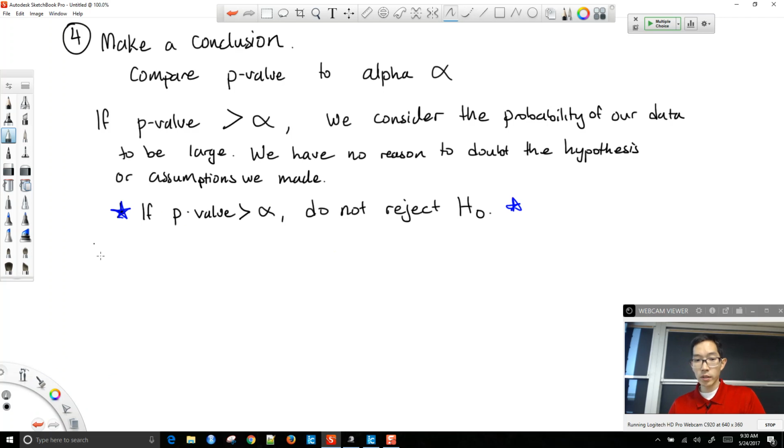And on the other hand, if the p-value is less than alpha, this means we consider the probability of our data to be small.